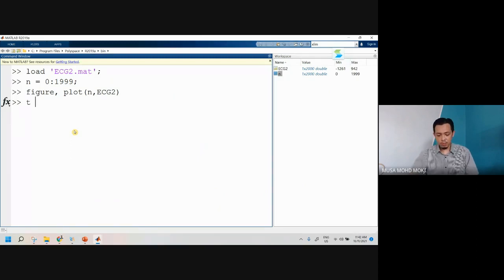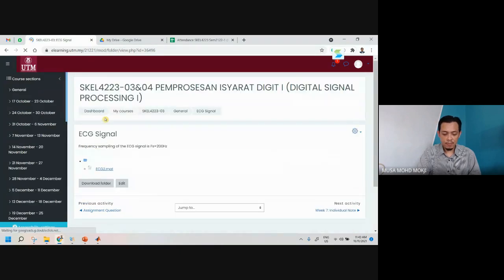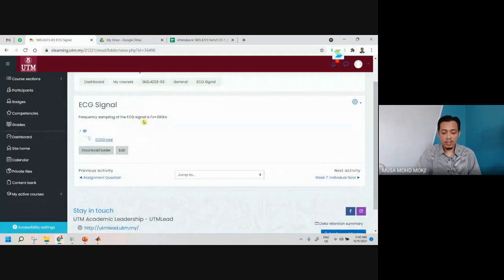So what is t again? t equals n over fs. If you click this, it is stated here that for the ECG signal, the sampling frequency is 200 Hertz. It's already given.